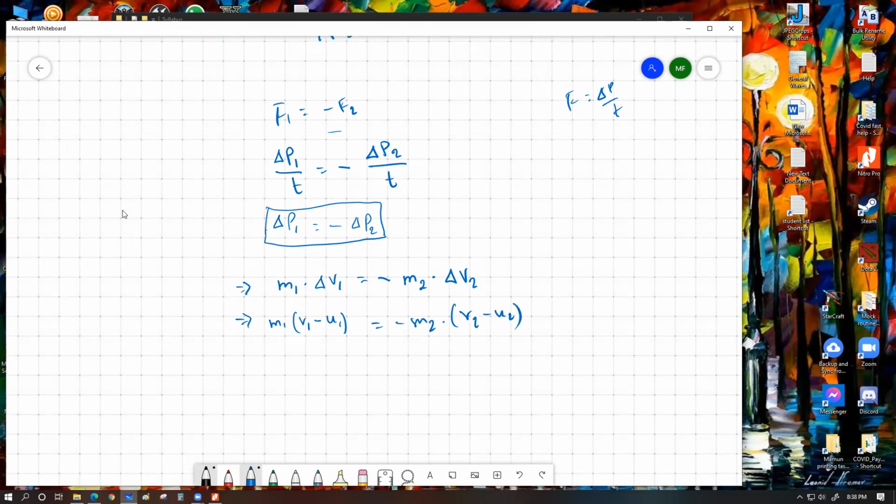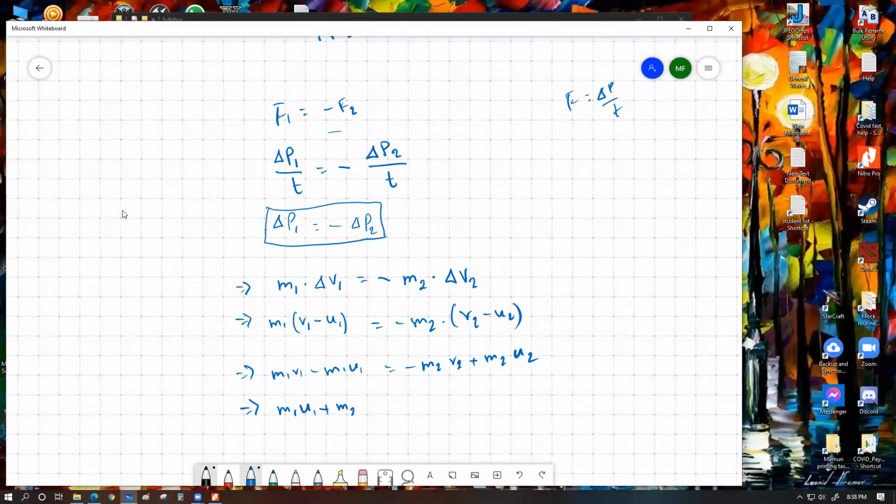If we do the multiplication, we're going to get M1 V1 minus M1 U1 equals minus M2 V2 plus M2 U2.